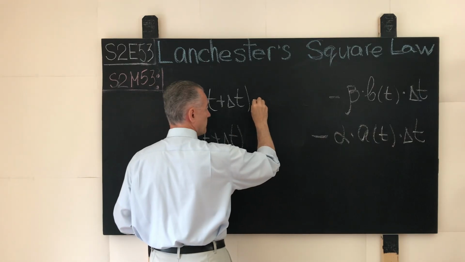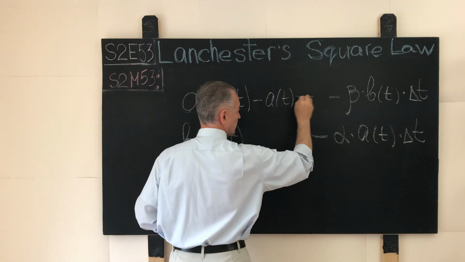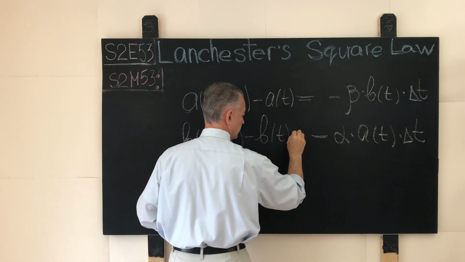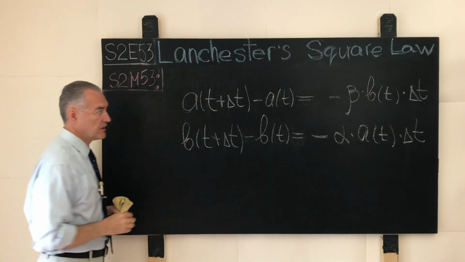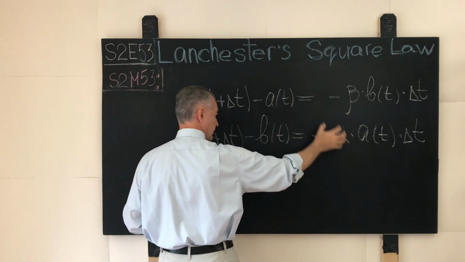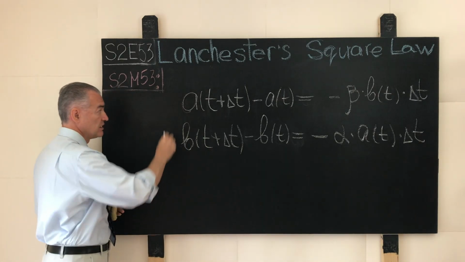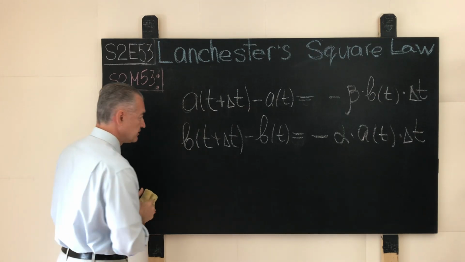We'll say minus a of t equal minus b of t is equal to that much, which should be understood by everyone. Here, move here, from here, move to here, and what is the next maneuver? Exactly, we divide both of these relations through by delta t.